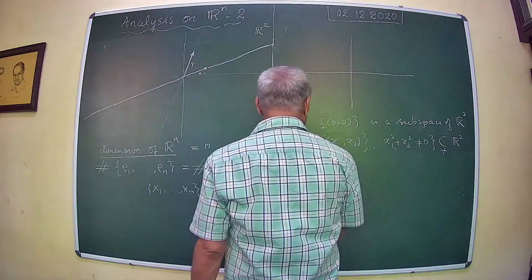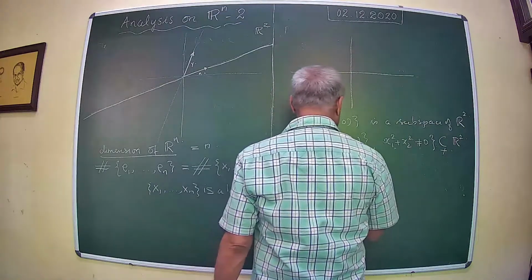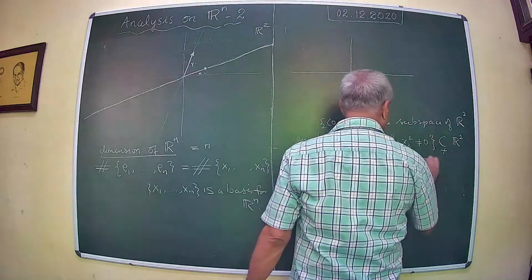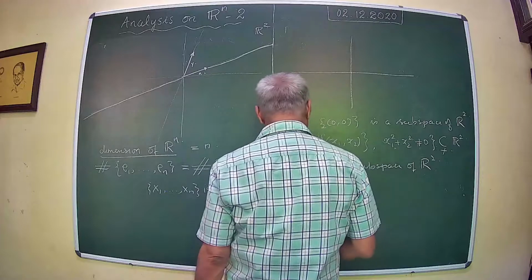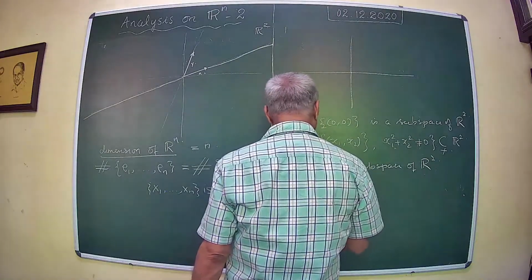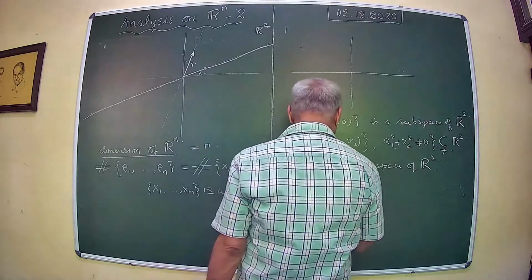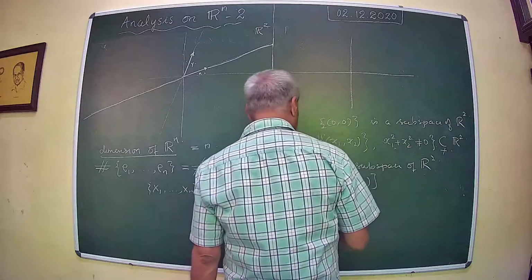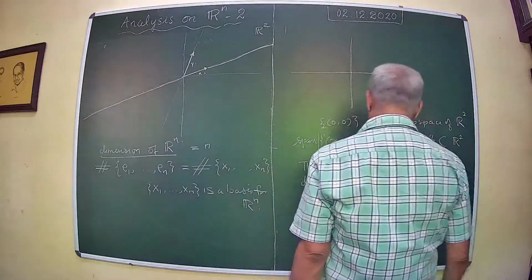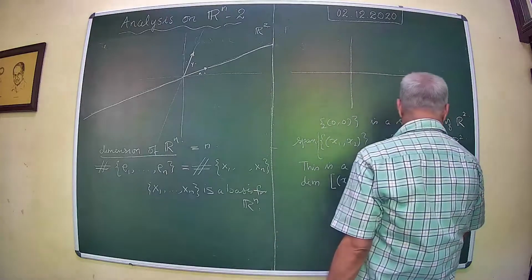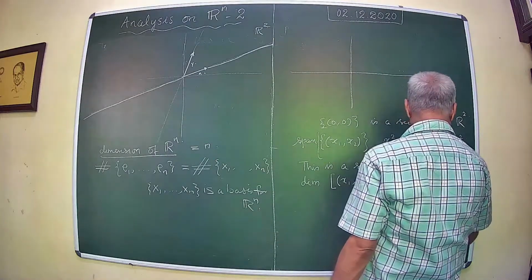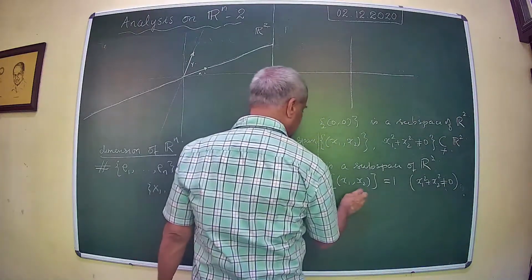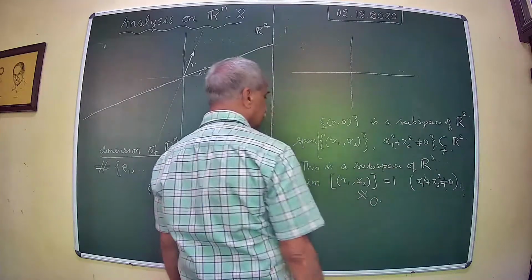And this is a proper subspace, and the dimension of the span of x1, x2 is equal to 1. So we take x1 squared plus x2 squared not equal to 0. That means this is a non-zero vector. It's a non-zero vector.